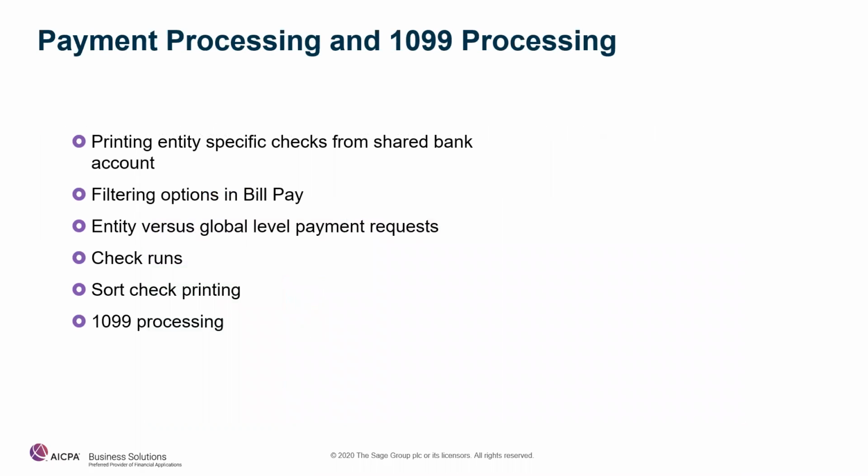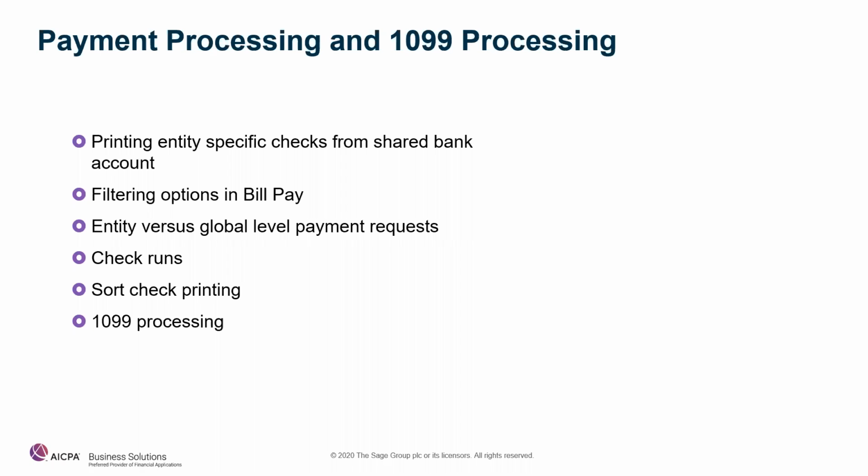And speaking of payment processing, a couple of other points to remember here as we go along. You have the ability to set up your payments, your AP bills, to pay multiple different ways. So if you want to print these checks on plain paper, you can certainly do that. You can have pre-printed forms and print them on those pre-printed checks as well.